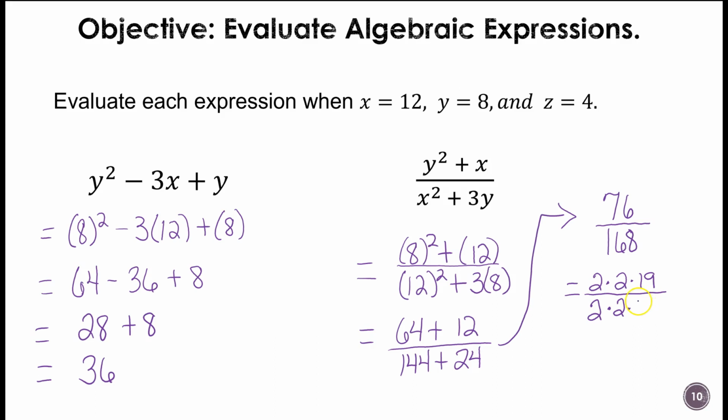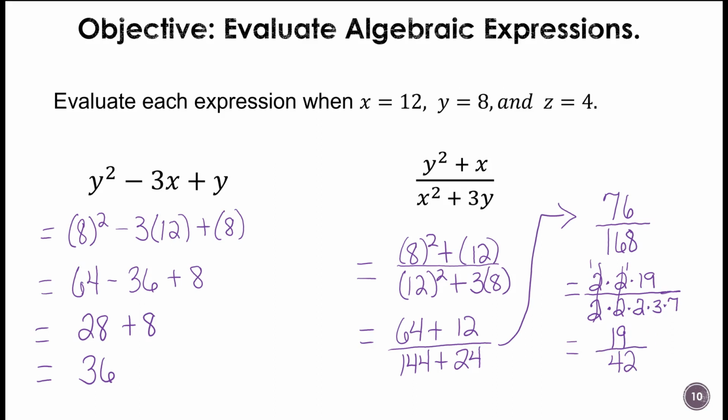Let's see, 42 is 2 times 21. 3 times 7. Now we can check this. That's 8 times 21, and I believe that worked out correctly. When you're factoring this, just use your calculators to see what you end up with. All right, so we can take out these 2's because that equals 1. Actually that's a 4, 2 times 2. And then we have 19, and we're left with 42 in the denominator.